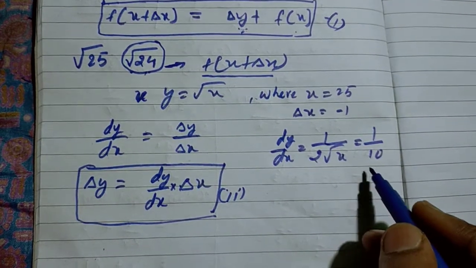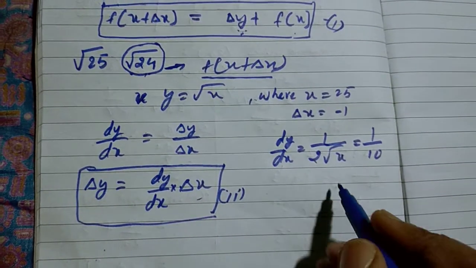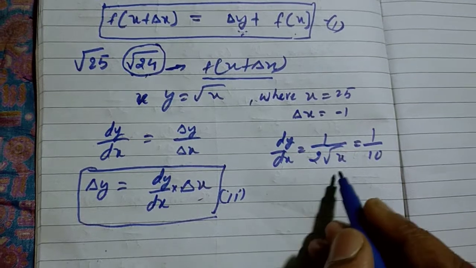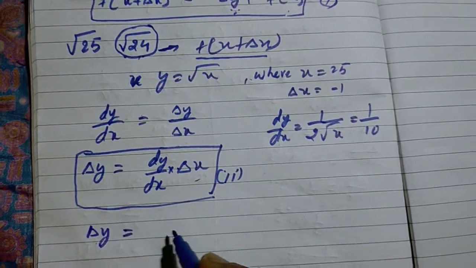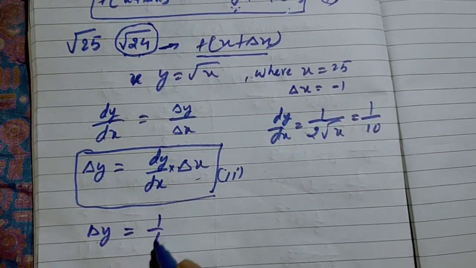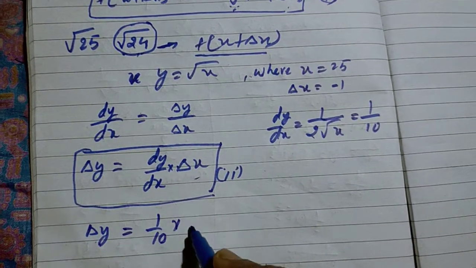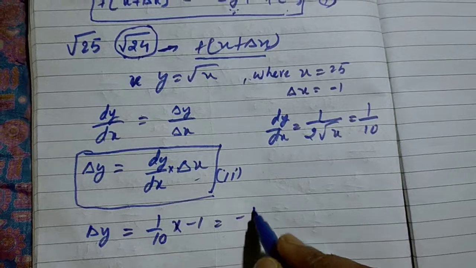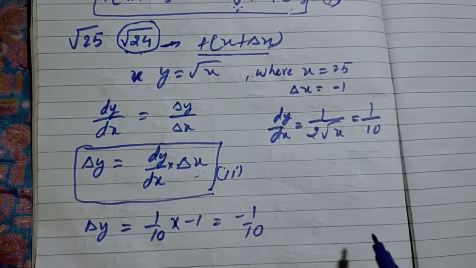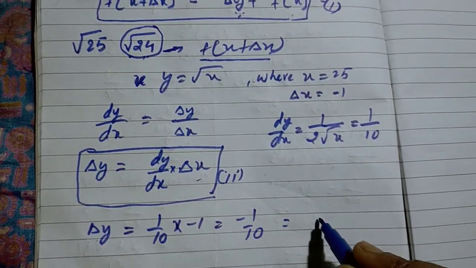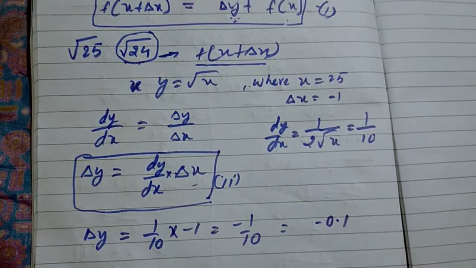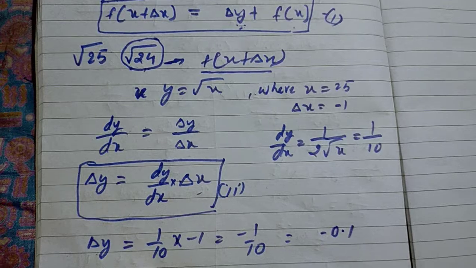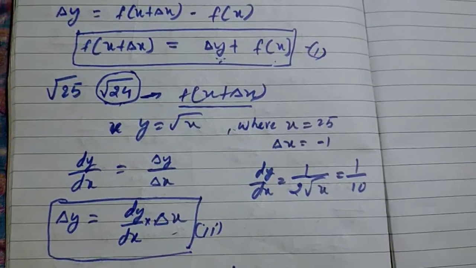Dy by dx is 1 by 10, and delta x is here minus 1. Therefore substitute all the values in this formula, we will get delta y is equal to 1 by 10 into minus 1, it is equal to minus 1 by 10, and it is equal to nothing but minus 0.1. So delta y value we got, and finally we have to substitute this delta y value here.